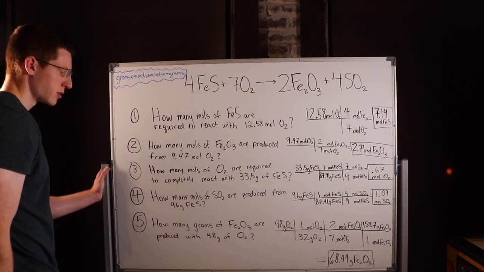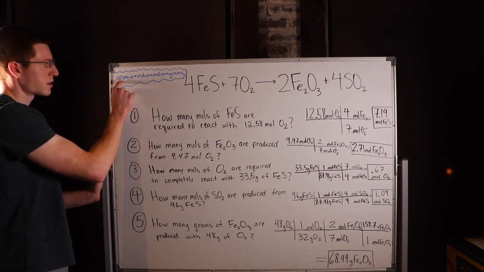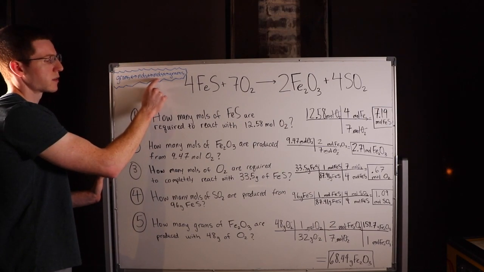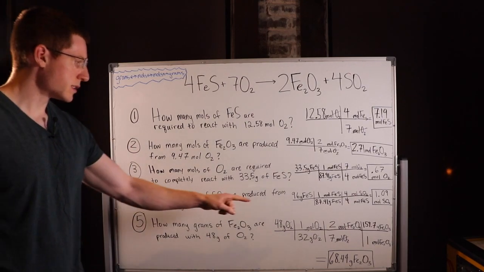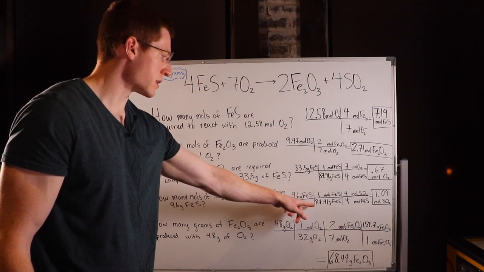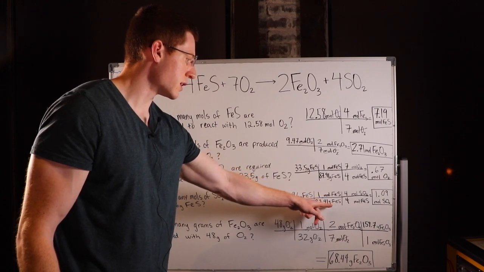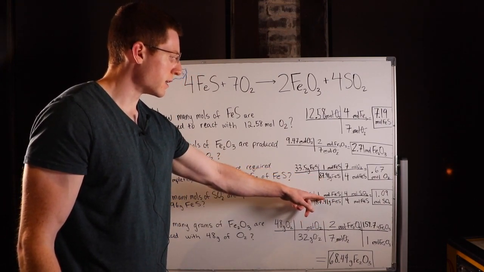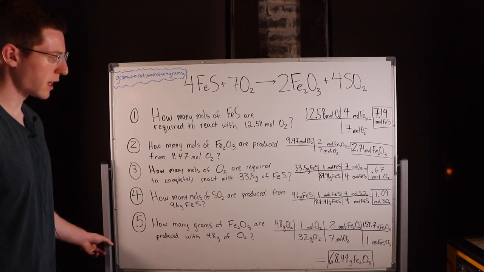So this is very similar to the last problem. We're starting with grams of something, we have to go to moles of that thing, and then we'll get to the moles of the other thing. So 96 grams of FeS, we'll cancel out grams of FeS down here, we'll get the molecular weight off the periodic table, we already had that from the last problem, and then we'll end up with moles of FeS after that.